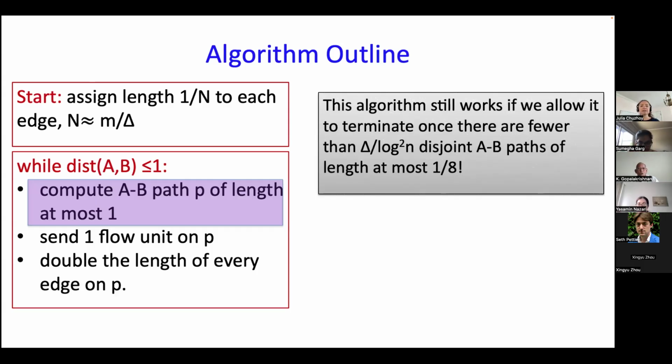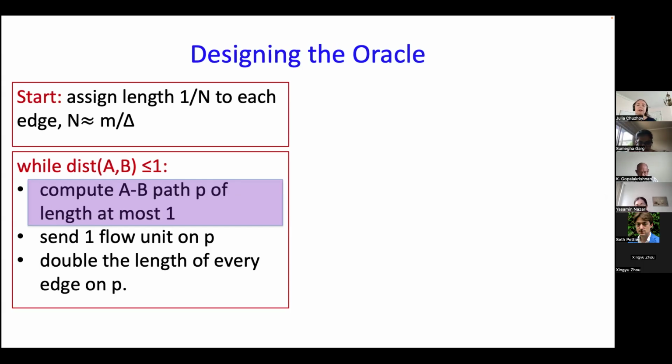If somehow we discover that the largest number of disjoint A to B paths that are short becomes sufficiently small, under delta over poly log n, we can stop. And short here is 1/8. So even if we stop early because we discover that this condition holds, everything still works and we still get almost optimal flow like we wanted.